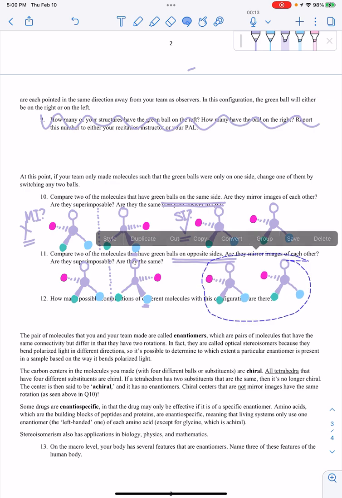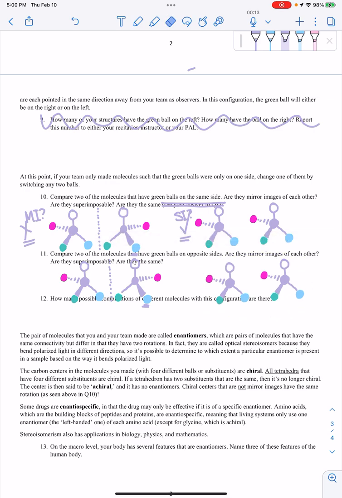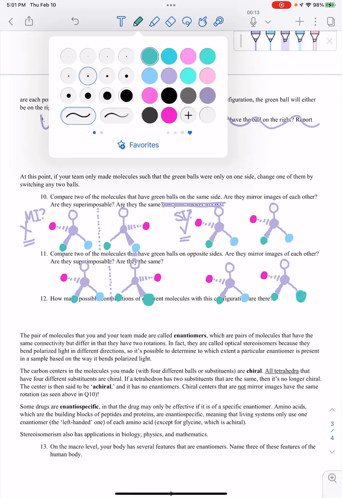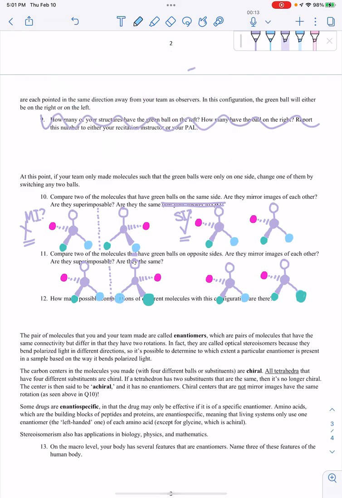Oops, and it duplicated some extra stuff. So I'm just going to get rid of that real quick. All right. And now we just need to change the green to opposite sides. So switch those with the blue ones.